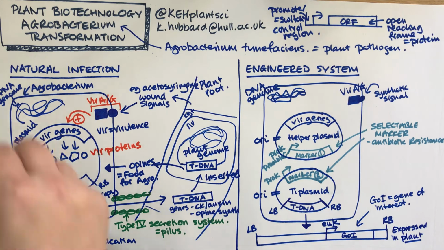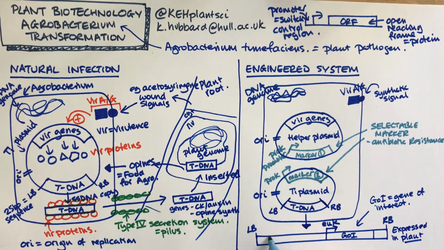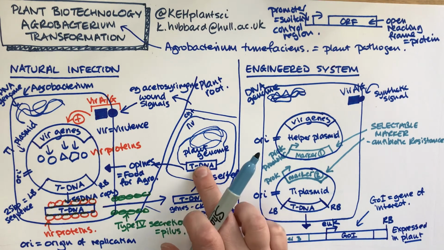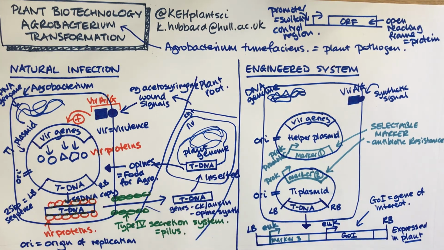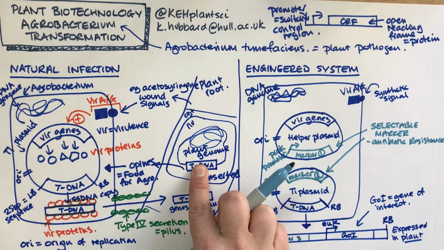So we've got our gene of interest, but what we can also do is to put in yet another selectable marker. Okay, so we've got marker 3 goes in there with a eukaryotic promoter. Okay, so what this is for, so it's another selectable marker, but this time when the tDNA goes into the plant genome, we need to be able to tell which plant cells have got the tDNA and which ones haven't.